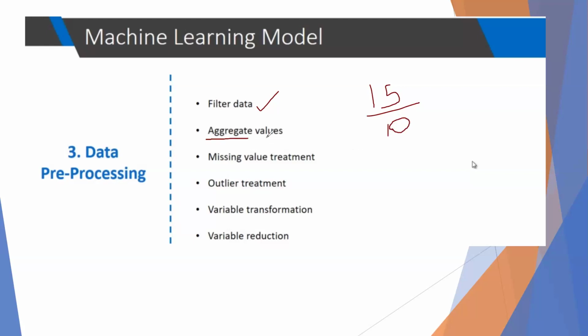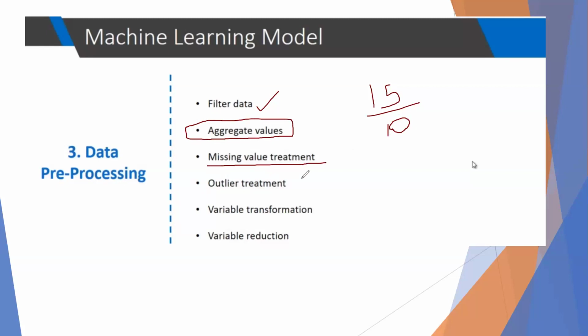Aggregate values. Where we have missing values, we can do some kind of data imputation, like imputing values, fillna, or drop. If you have a lot of missing values in the data, we need to treat them with some of these methods to impute the data.